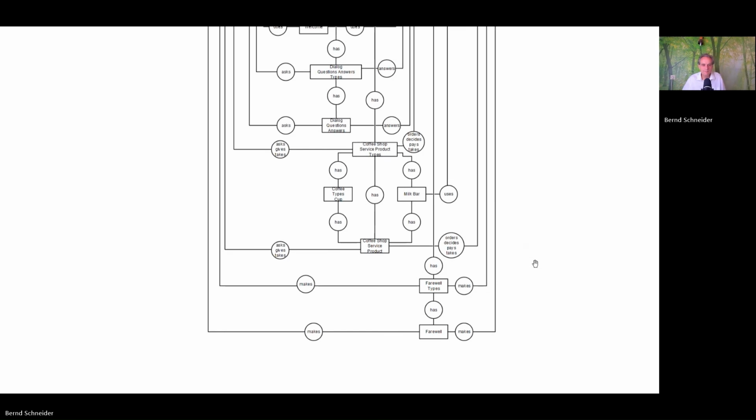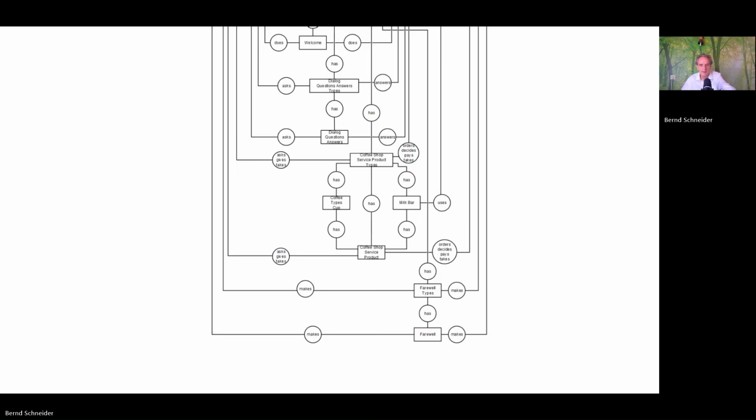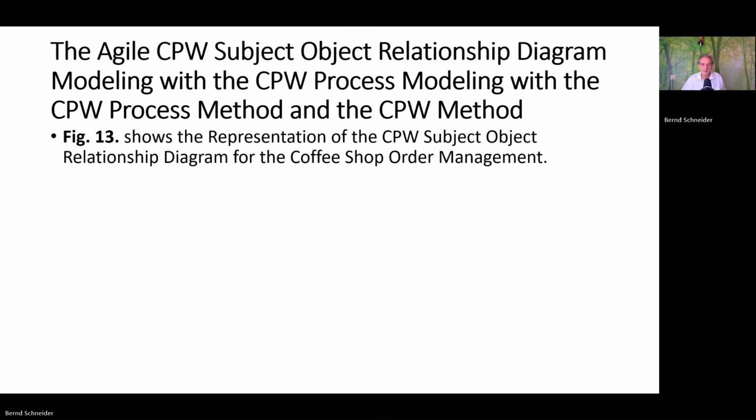So figure 13 shows a representation of the CPW subject-object relationship diagram for the coffee shop order management.